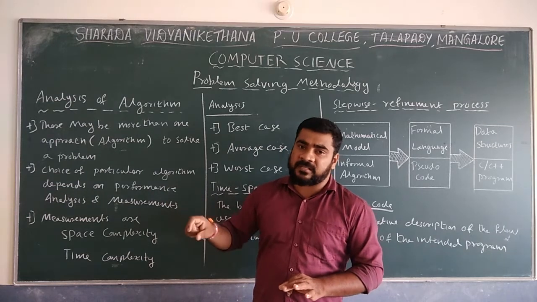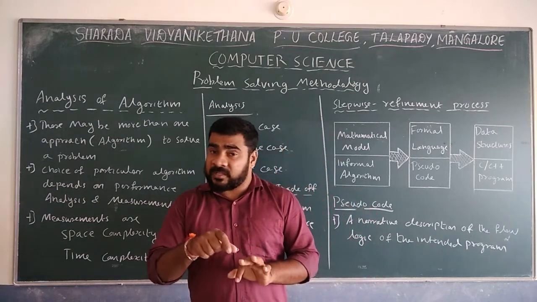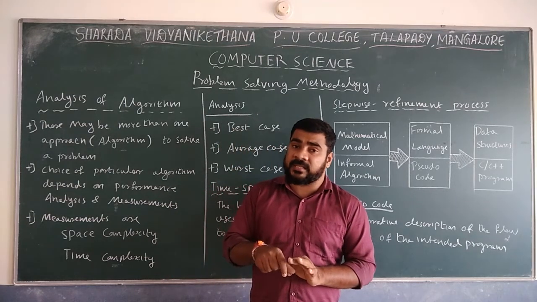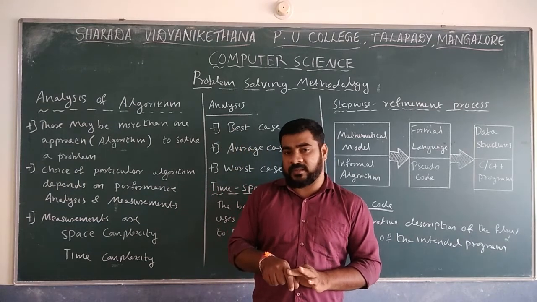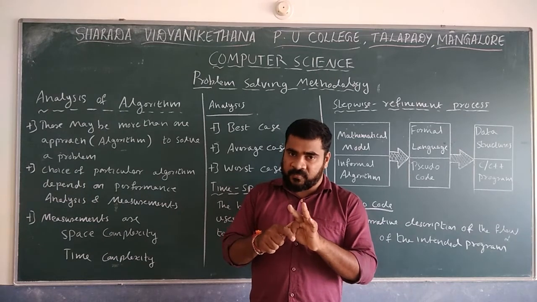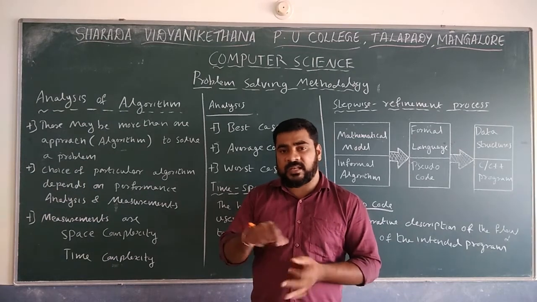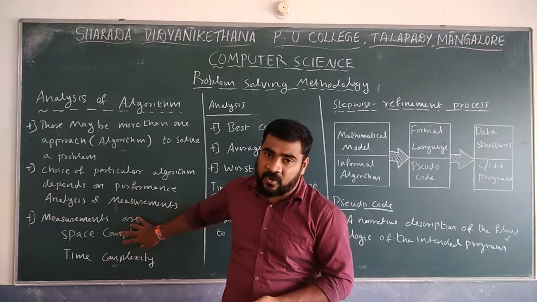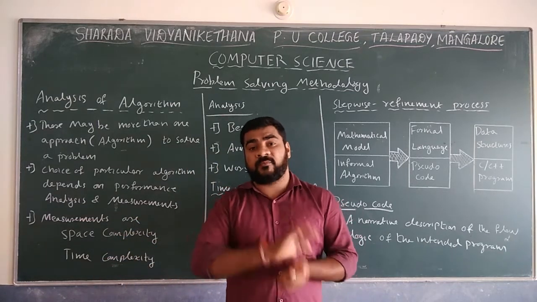The total time required to execute the algorithm is known as time complexity. Those are the two measurements, based on which you can judge the algorithm. One is space complexity, one more is time complexity.